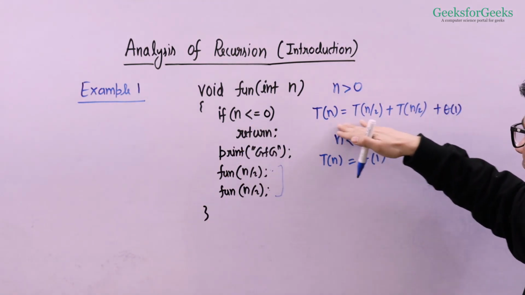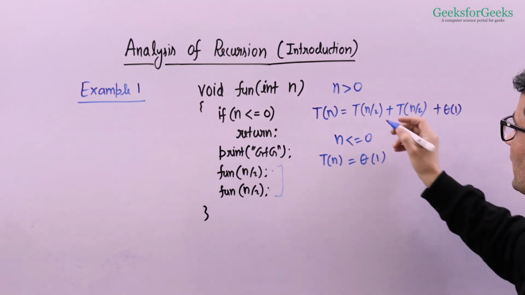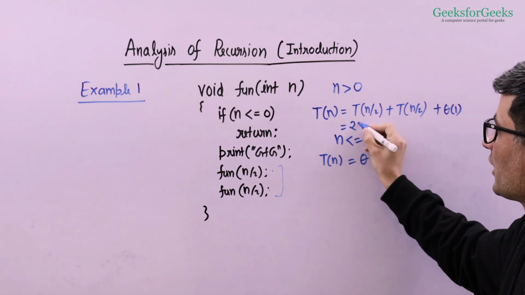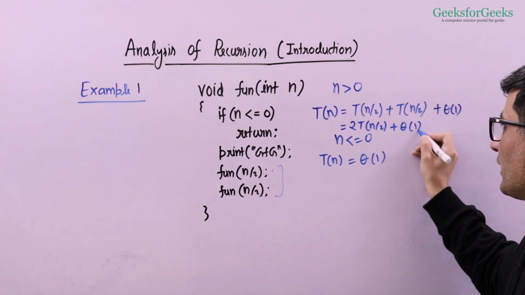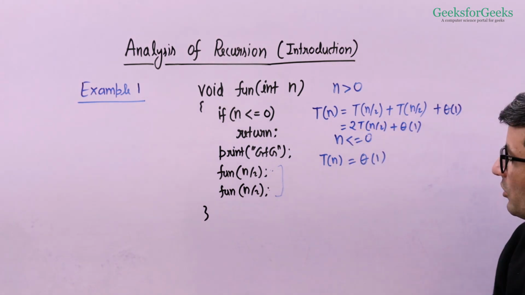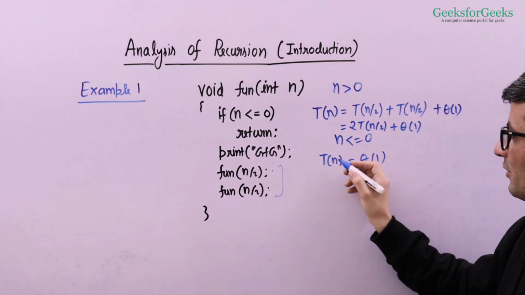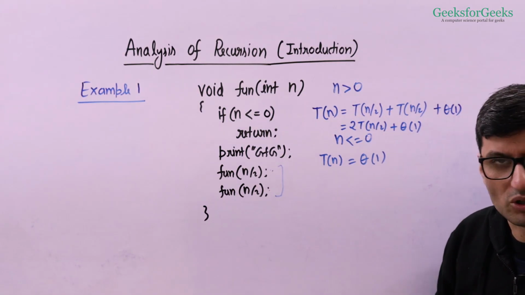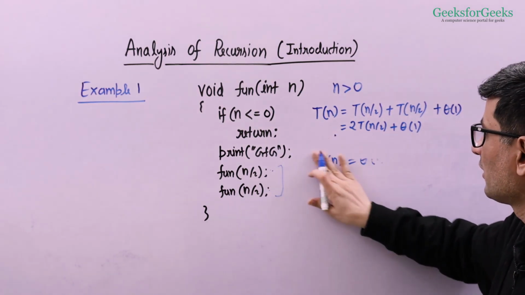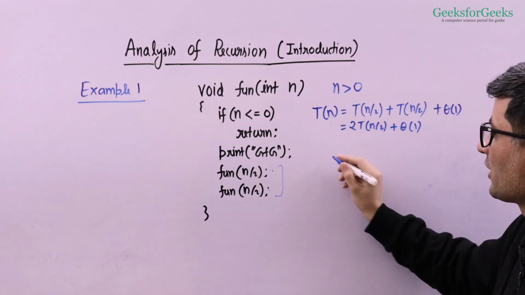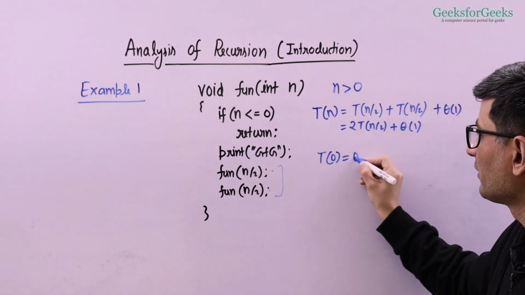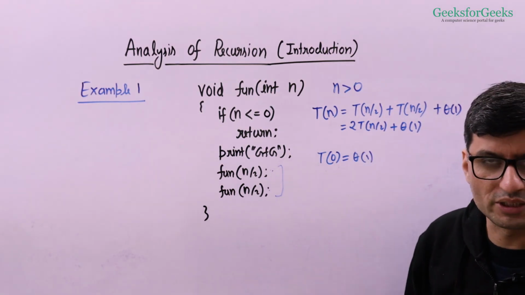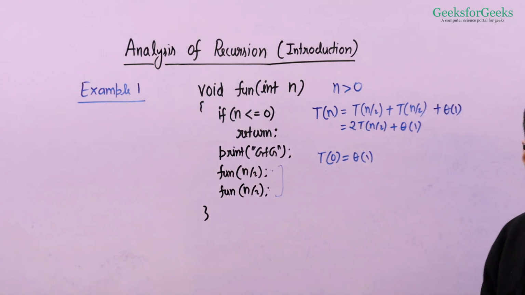So this is our general case, and this is our base case, and this can be rewritten as 2T(n/2) plus theta 1, right? That's what we can rewrite. I just added those two terms. And if n is to be considered as a positive value, then you can simply write that it's going to reach ultimately the value 0, and T(0) is theta 1, right? That's our corner case or base case to solve the problem when n is greater than 0.